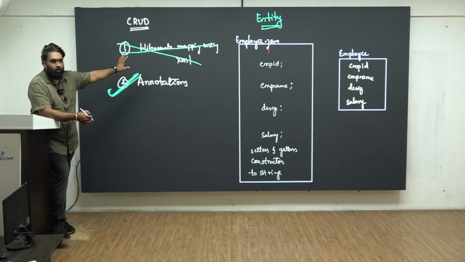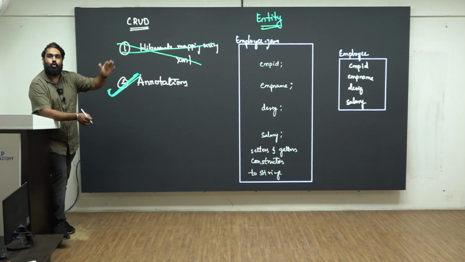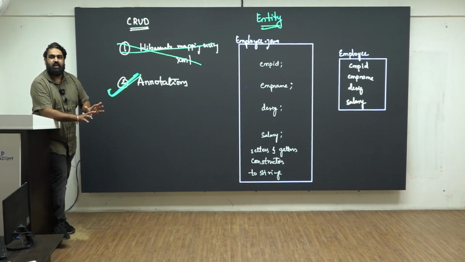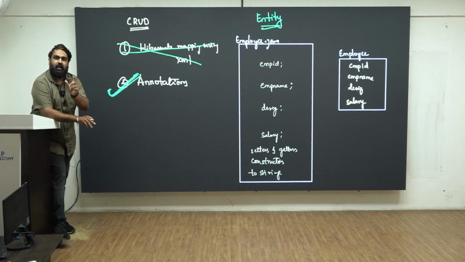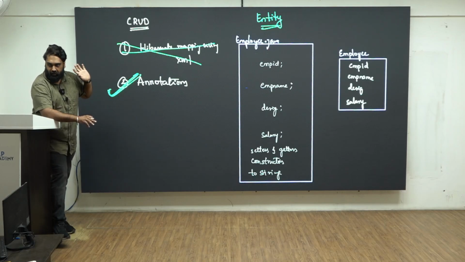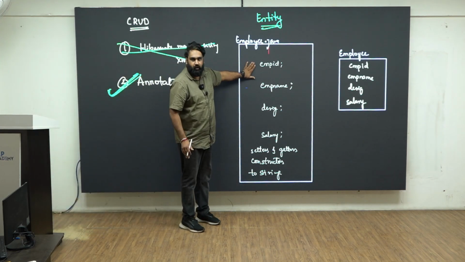See, just because I have told you it is outdated, I don't want you to ignore it. Once you write this program, I want you to go back home and ask ChatGPT, this is a program that I have written using annotations. Can you give me an equivalent code for XML configuration? Everything will remain the same, one extra file will come, that's all. You will not be writing additional code here.